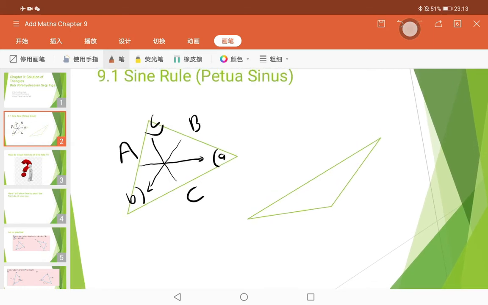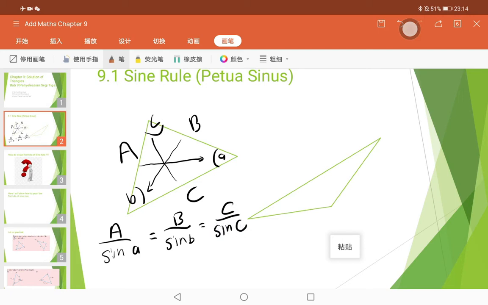So we can write out a formula that A over sine A equals to B over sine B equals to C over sine C. This is the formula of sine rule, and this formula is shown in the formula book you will get during the exam here.